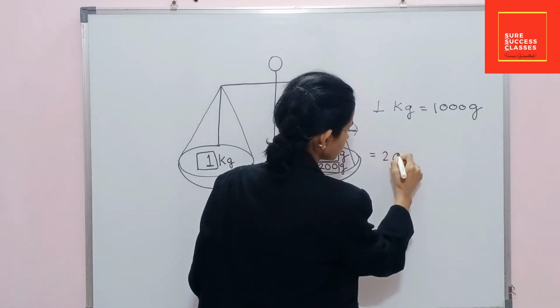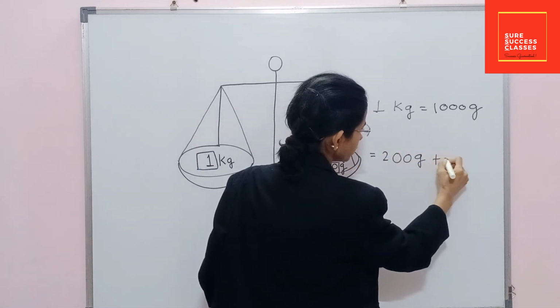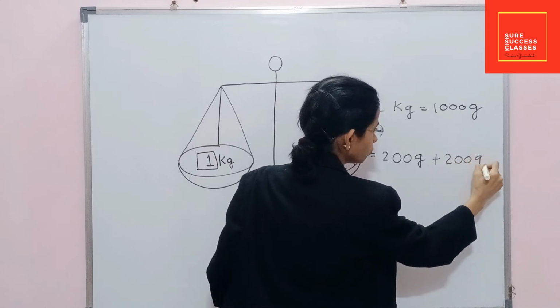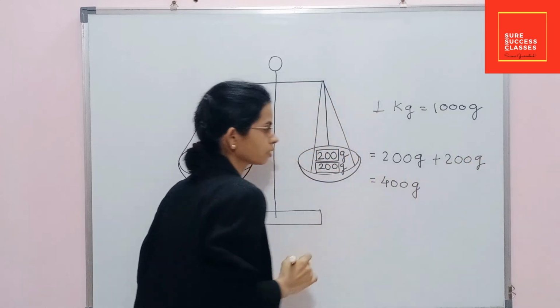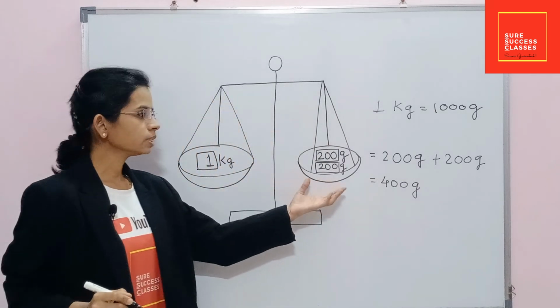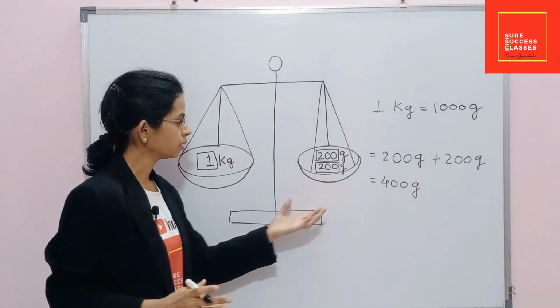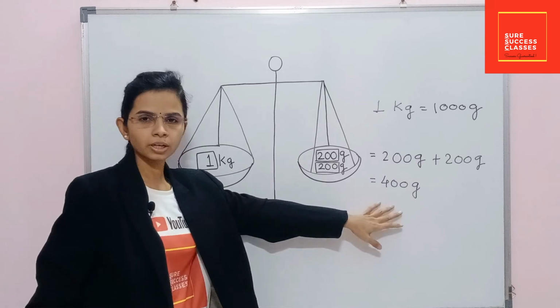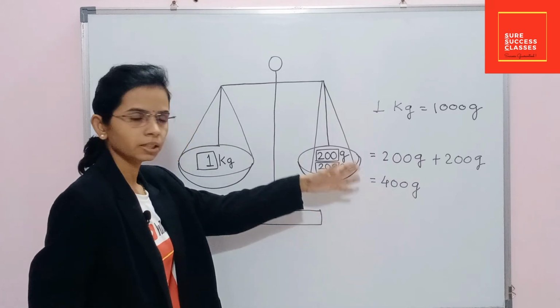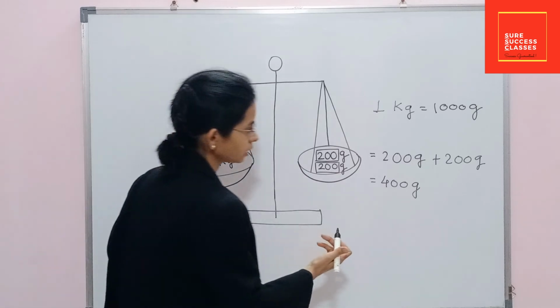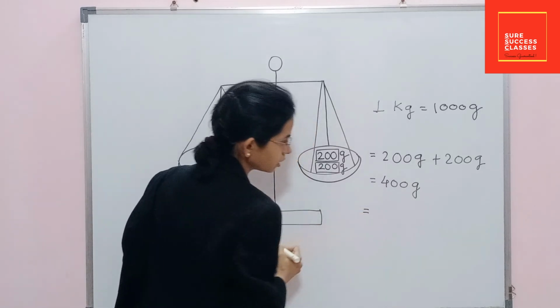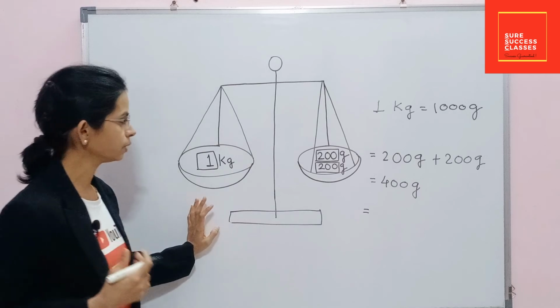So here we have 400 grams. Means here we have to add that many grams to this 400 grams so that it will convert into 1 kg or 1000 grams. Here we will again apply our previous trick.